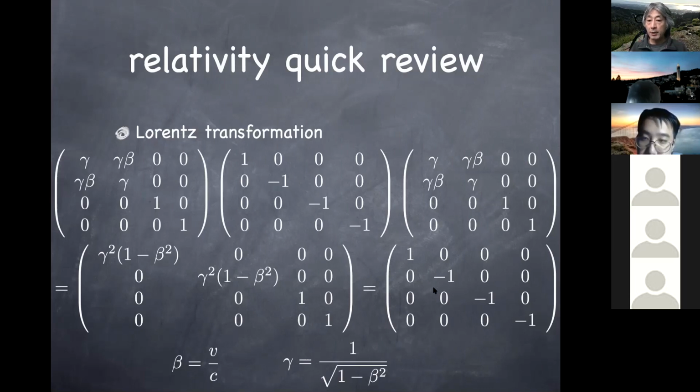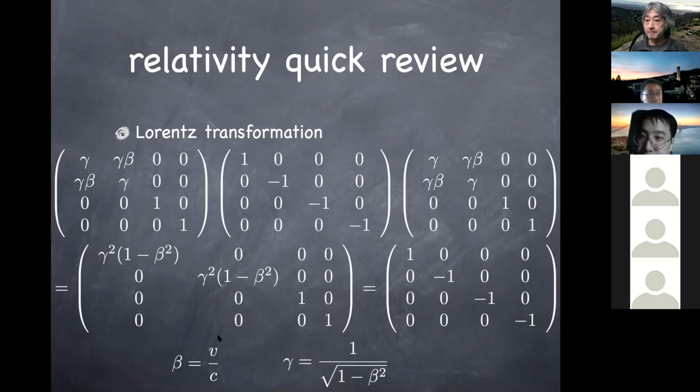And once you impose this condition on the 4x4 matrix, then you have different kinds of solutions, namely the Lorentz boost is one kind, spatial rotation is another kind, and the general solution is always written as a product of a Lorentz boost and a spatial rotation. Okay, that makes more sense. Okay, good. Thanks for asking the question.